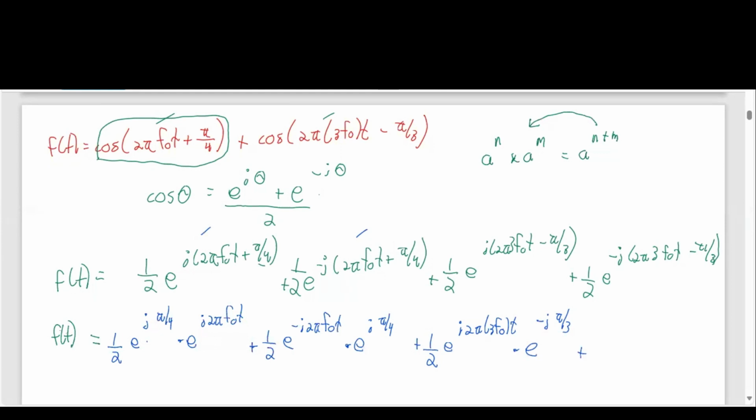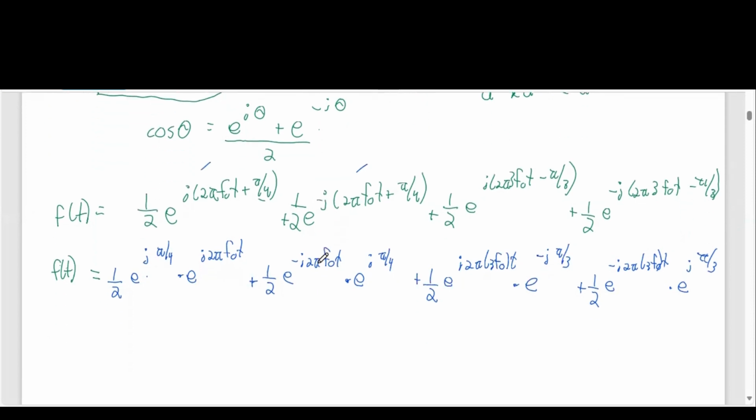Then we have plus a half e^(-j2π3f0t), and then e to the, in this case, it will be positive, because this minus here and this minus here will give you a plus. So that is 1, 2, 3, and 4.